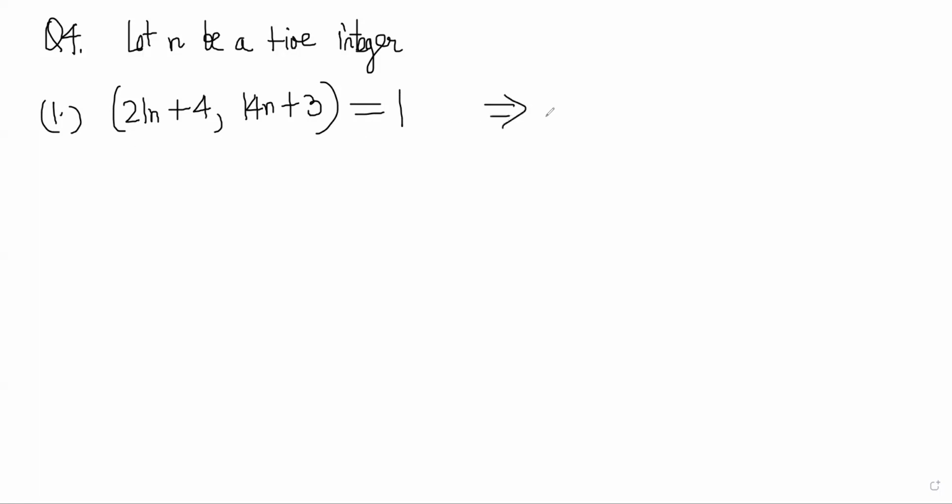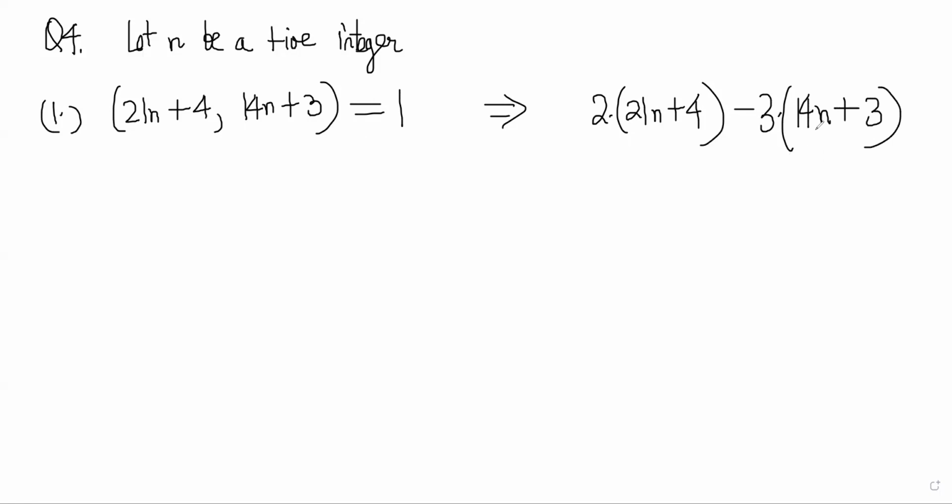The proof is obvious because we can always write twice of (21n plus 4) minus 3 times (14n plus 3), or vice versa. You can do 3 times (14n plus 3) minus 2 times (21n plus 4), which is clearly equal to 1.